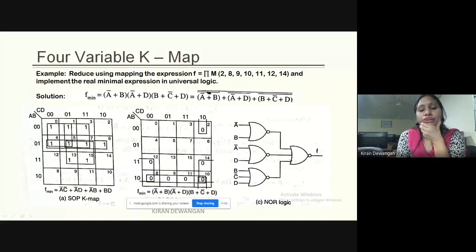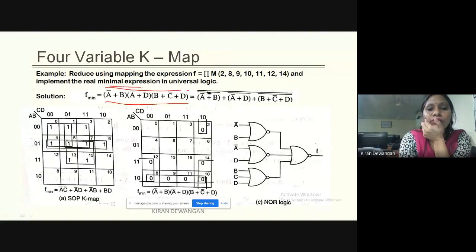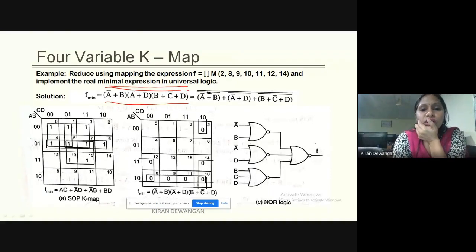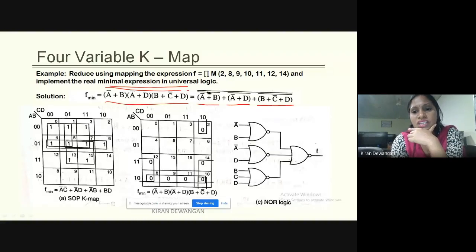Now from here we can easily design the NOR logic. इसको हम double complement करेंगे. This one is double complemented. So applying De Morgan's, this becomes the first term (A bar plus B) whole bar plus (A bar plus D) whole bar plus (B plus C bar plus D) whole bar, and the complete bar.